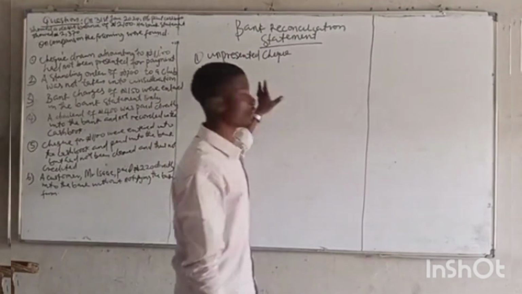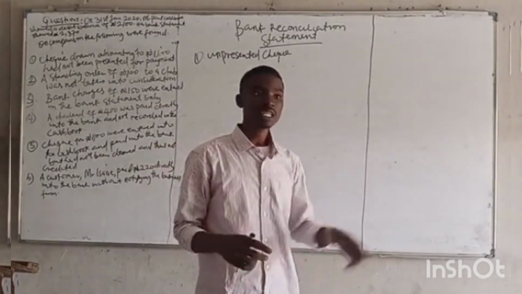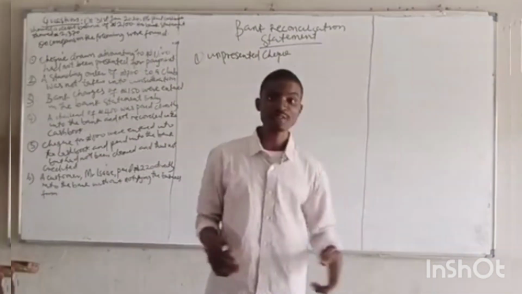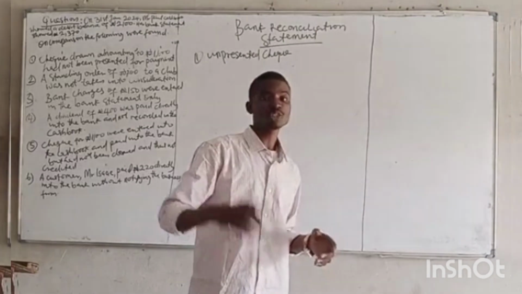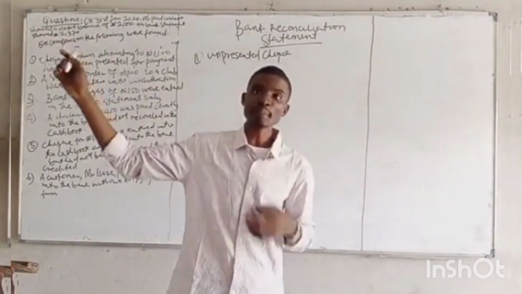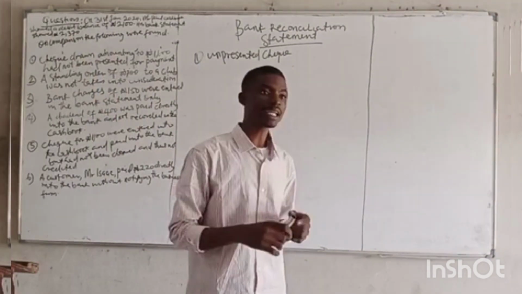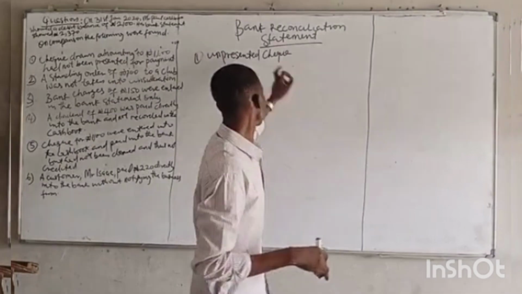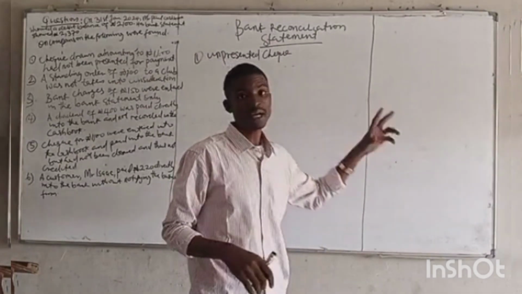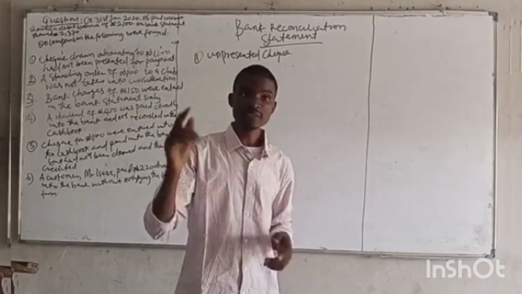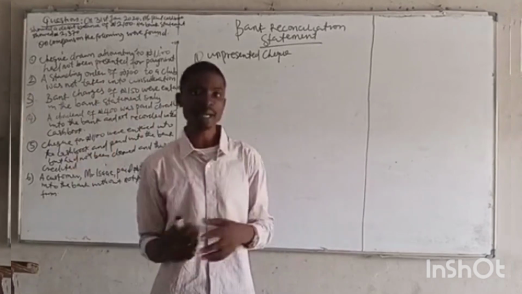Therefore, the business firm has already credited their bank account in the cash book, showing that money has gone out of the account, and the corresponding entry is supposed to go to the debit side of the bank statement, showing that money has also gone out. But unfortunately, the creditor has not taken the check to the bank.